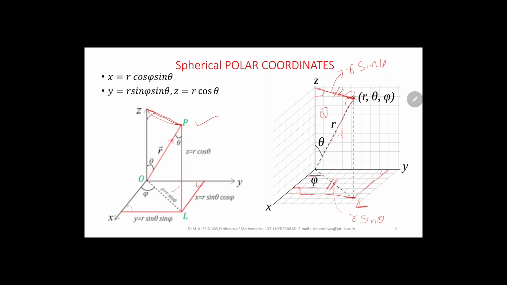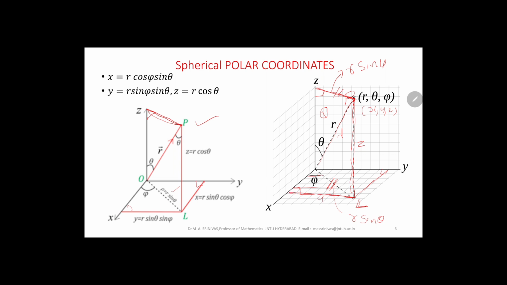Why am I finding sin phi and cos phi? If this point is r, theta, phi in spherical coordinates, and x, y, z in Cartesian coordinates, you know that this length is your z. From this point P, the perpendicular distance from the xz plane is the y coordinate.